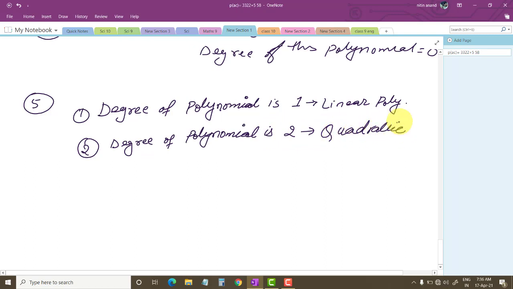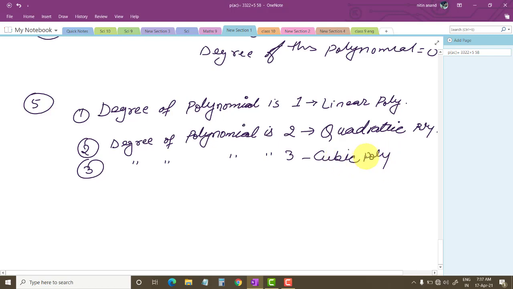Now if the degree of the polynomial is 3, then that polynomial is known as a cubic polynomial. Which polynomial, student? Cubic polynomial.